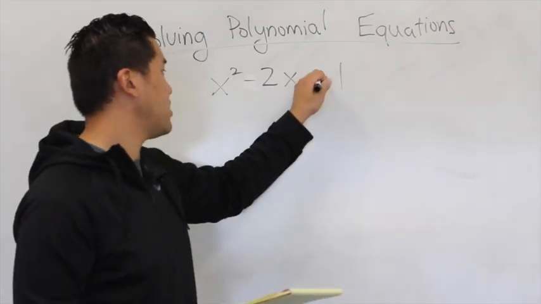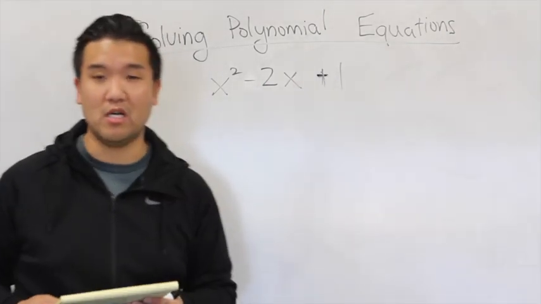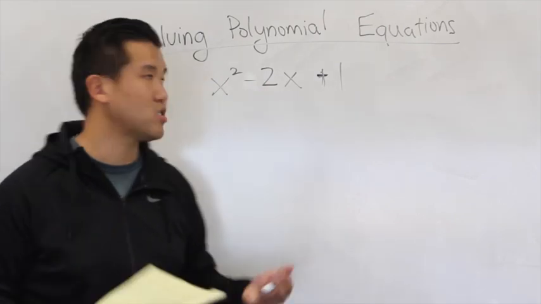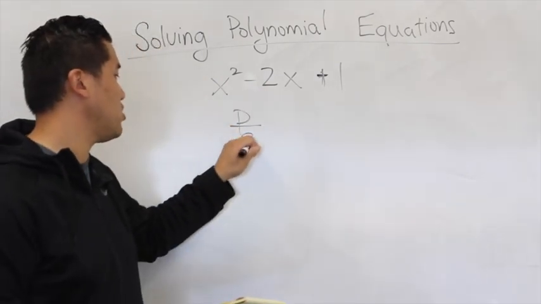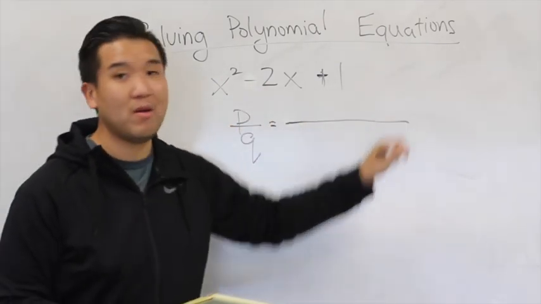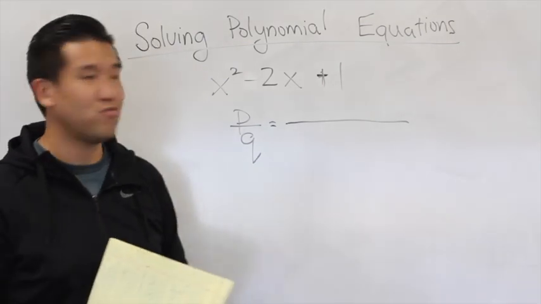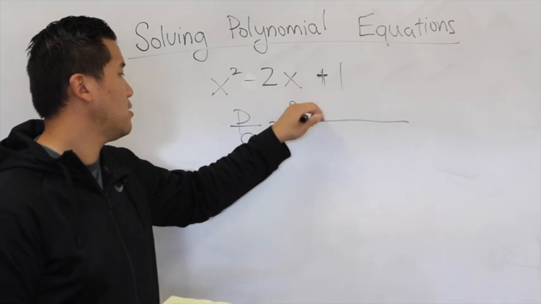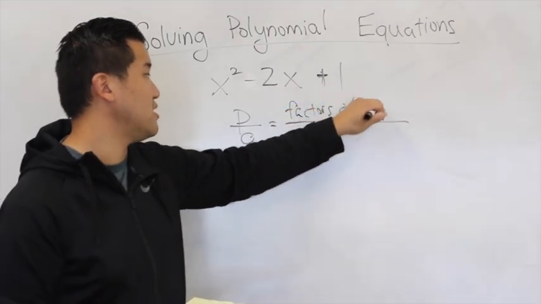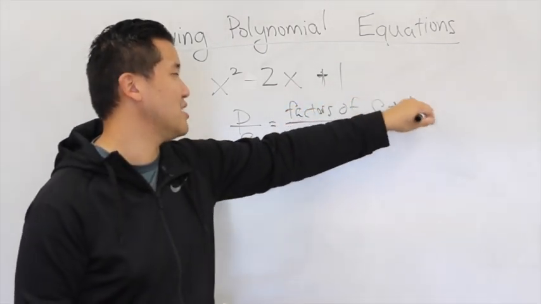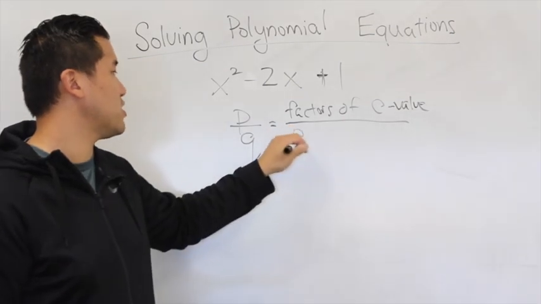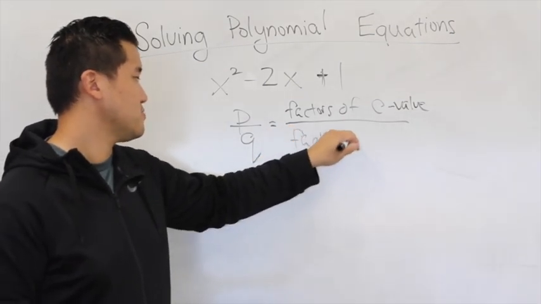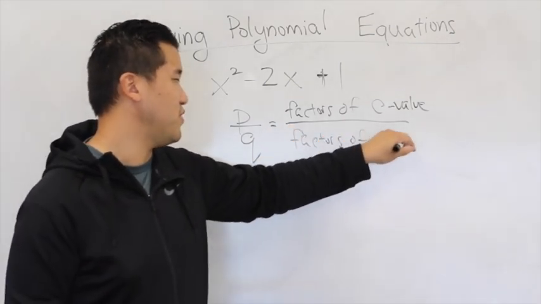There's a method called the rational zero theorem. It gives possible zeros, so we talk about P over Q. P represents all the factors of your constant term, your C value, divided by Q, which is the factors of your leading coefficient, your LC.